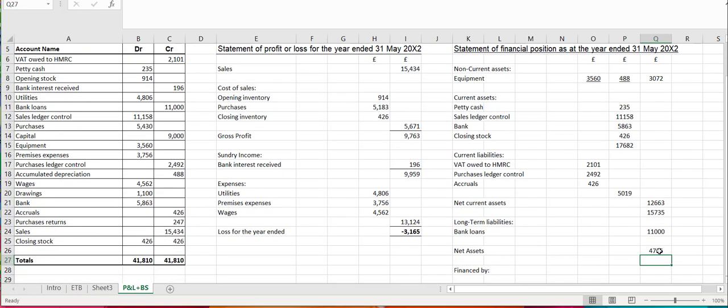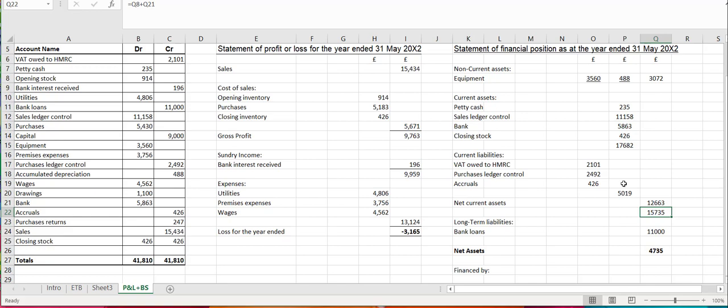So I then have my net assets, which is my bottom line. That will be your net current assets and non-current assets, or your assets minus current liabilities, and I deduct my bank loan from there.